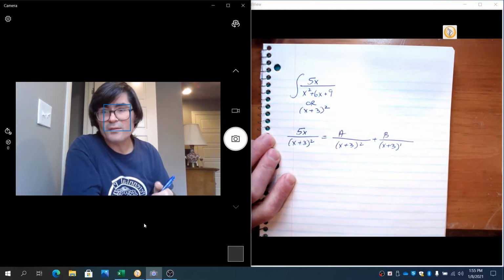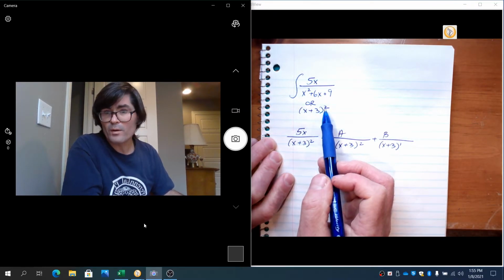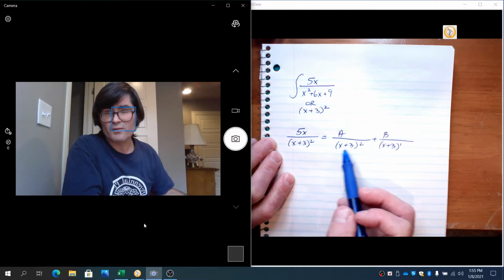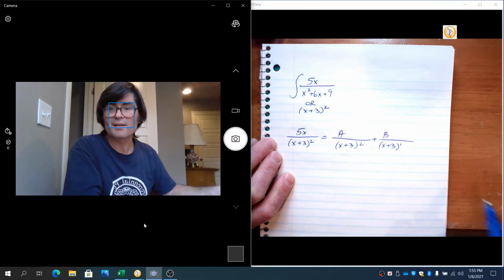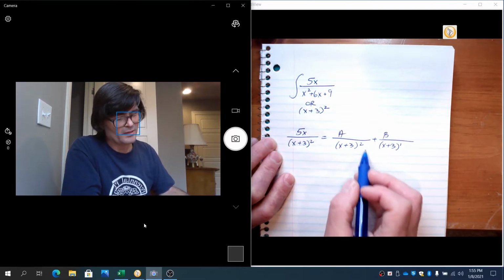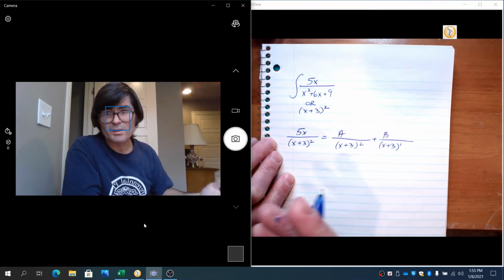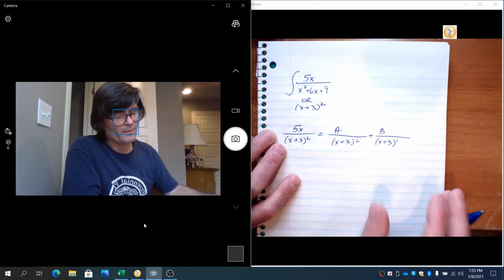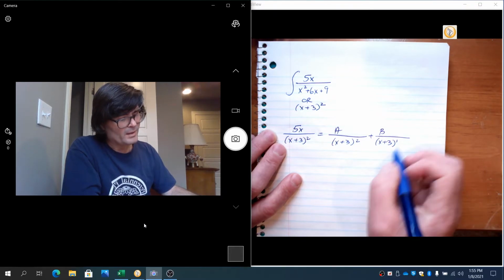So whatever the repeated factor's highest degree is, if this was a 4 power, you'd have an x plus 3 to the fourth, then 1 to the 3, then 1 to the 2, then 1 to the 1 with A, B, C, and D. Here we just have a repeated factor of 2. And so we're going to have x plus 3 to the 2, x plus 3 to the 1. It's not as intuitive why you're doing this at this point, but for now, just take my word for it. Hopefully it'll be more clear in a little bit.